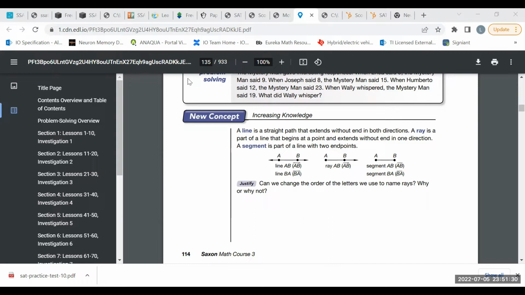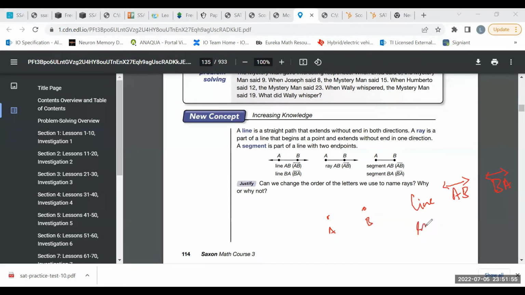Now, the way you represent a line is basically you take any 2 points on the line, and if you call them A and B, then the line or the ray or the segment has different notation, right? So if it's a line, then you'll write it as AB this way, or you'll write it as BA, a line on top with both arrows.